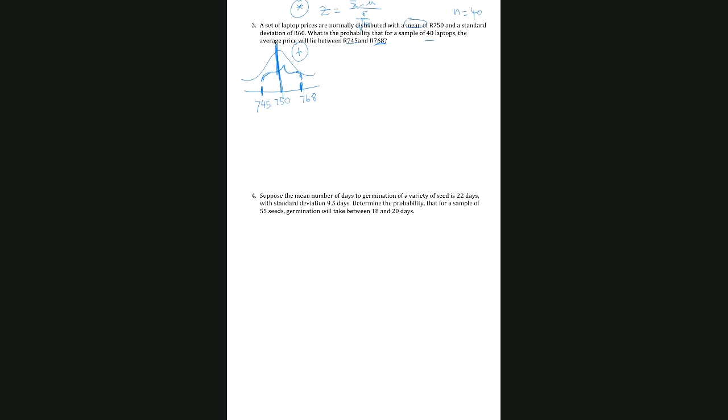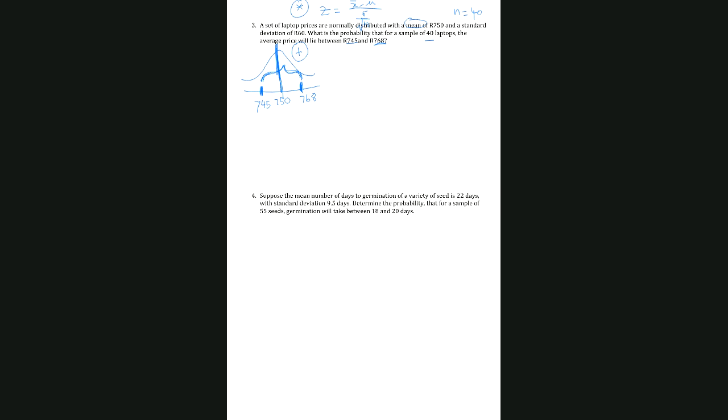And once we calculate the probabilities, we add them up. So there's no 0.5 rule here. Since the two values are on either side of the central line, we are going to be adding up their probabilities.